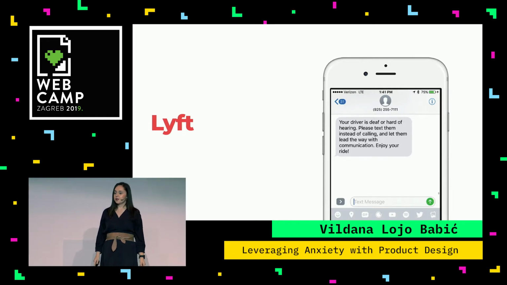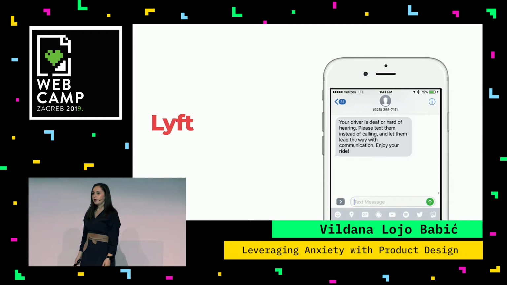Lyft is a service that enables drivers who are deaf or hard of hearing to take part in society and community and to be employed as drivers. On the other hand, they raise awareness and inform the people who are going to be driven on how to talk with people who are hard of hearing or deaf.